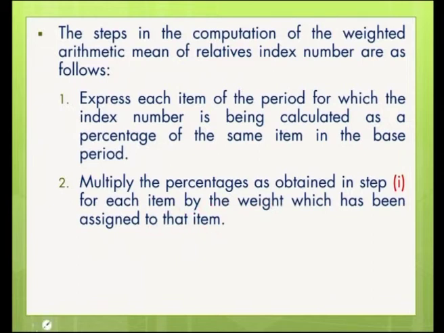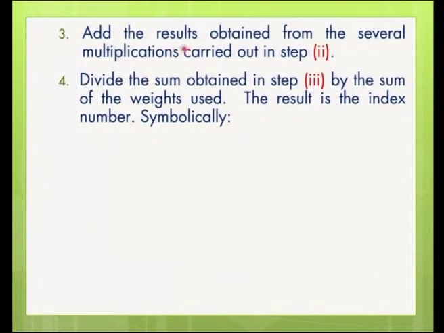Weight has to be mentioned. Then add the results obtained from the several multiplications carried out in step 2. Just add the particular column so that we get a particular column total. Divide the sum obtained in step 3 by the sum of the weights used. It is almost like taking the average. The result is the index number.